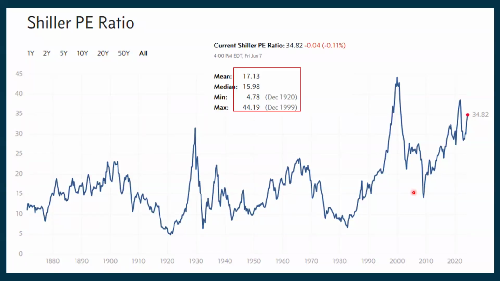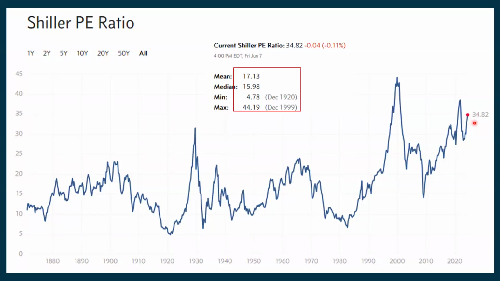This takes more of a smoothed approach over a period of time to try to get rid of outliers. Looking over on the right-hand side, the current reading is 34.82. To give us some context, we can look at the historical chart going all the way back into the 1800s. What I do is I compare it to the median and the mean, where we're between 16 and 17, and we're almost double that now as far as the Shiller PE ratio.